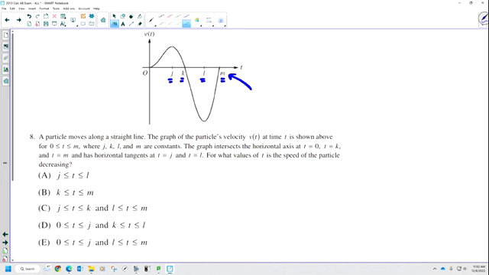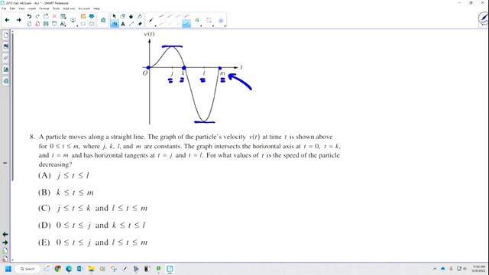The graph intersects the horizontal axis at t equals 0, at t equals k, and at t equals m. It has horizontal tangent lines at t equals j and t equals l. For what values of t is the speed of the particle decreasing?